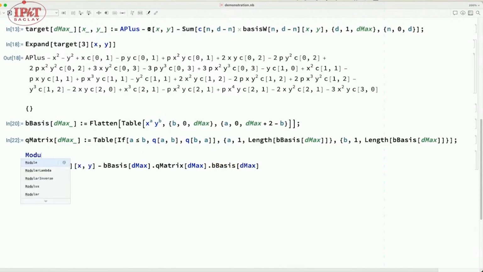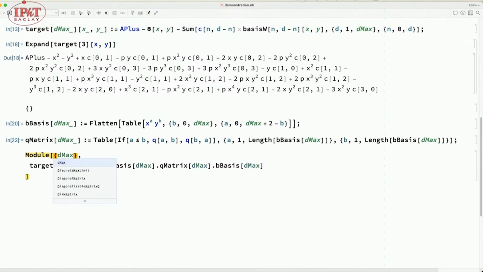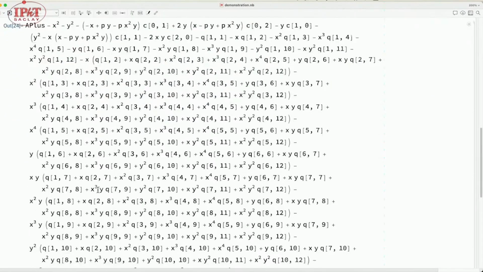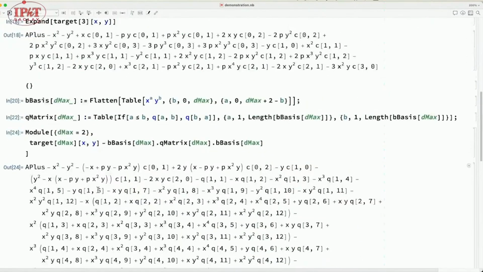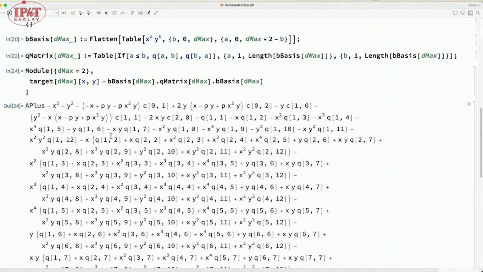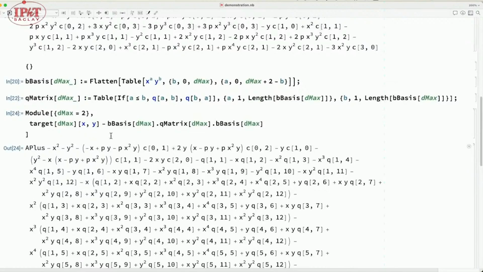Let me put this in a module. The module function is something I was using last time. I like using it because it's basically like an environment where you can specify variables here, and they are internal to the module. So now the module evaluates everything, substituting d max with whatever value is set here. Now this is just a polynomial in x and y, and we want to make sure this polynomial is 0, so that's equivalent to setting the coefficient of all the monomials to be 0.